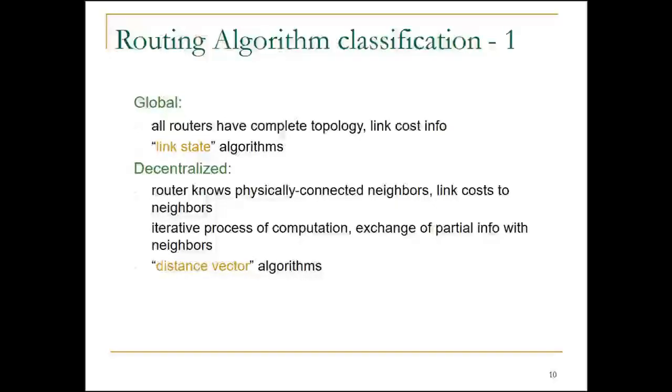Decentralized, on the other hand, which is just distance vector algorithms, would fall more on the interdomain. Sorry. Okay, I think I messed up on one of these. Let me just reiterate the global in terms of the link state algorithm. I did point out RIP and OSPF. Technically, RIP falls under distance vector routing.